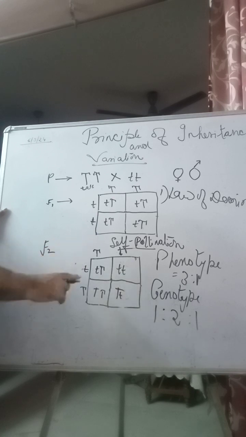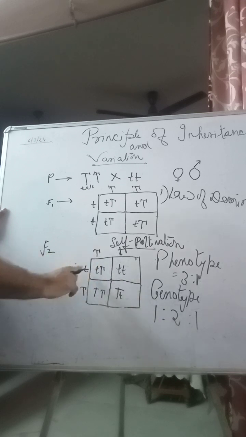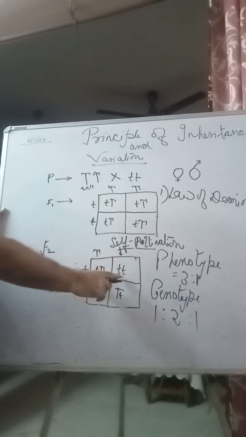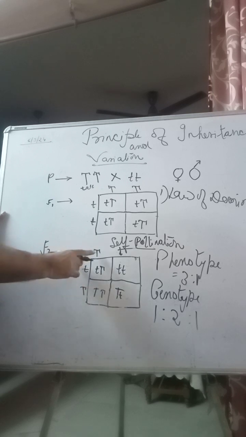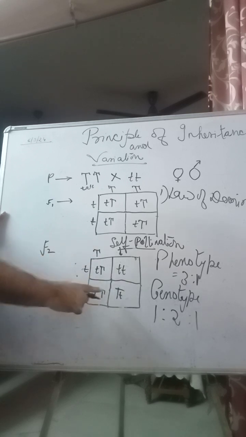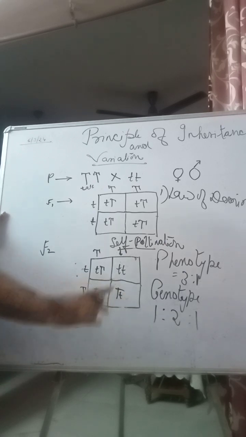So when they are self-pollinating, what is happening? Small t, capital T. Here small t is combining with capital T. Again, small t is combining with small t, so it is a pair of small t. And capital T is combining with capital T, so it's a pair of capital T. And capital T is combining with small t, so it is a pair of capital T and small t.